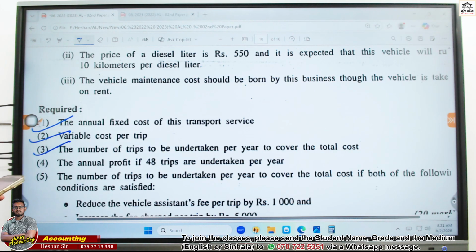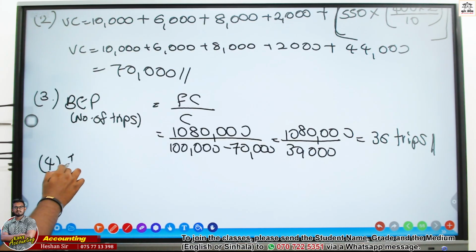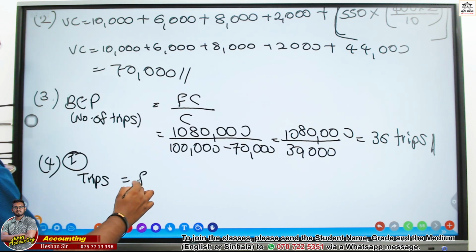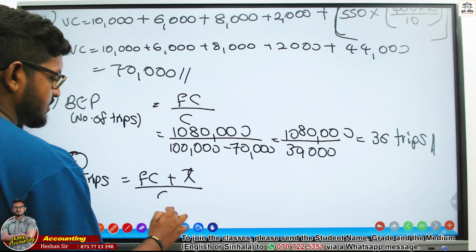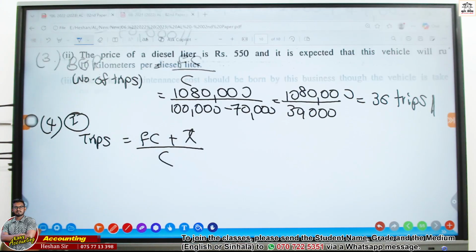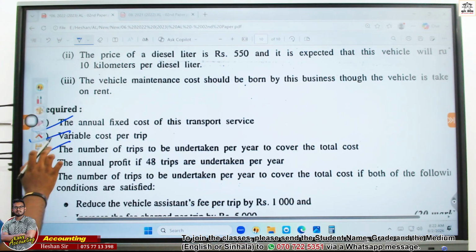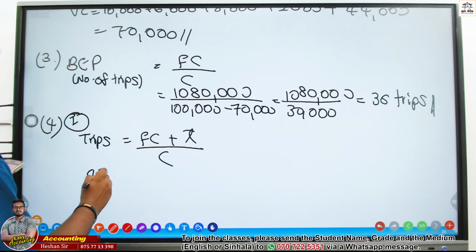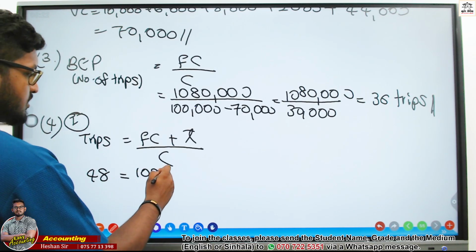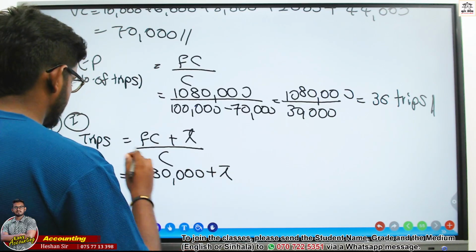4. The annual profit if 48 trips are undertaken per year. Right? Let's do two methods. The trips equal FC plus profit divided by contribution. Right? And the number of trips is given, 48 trips. Fixed cost we know 1,080. Profit we need to find.